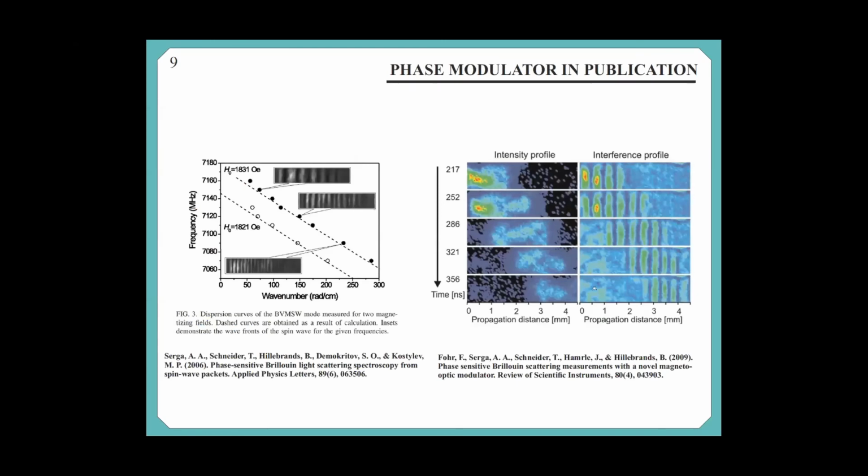The phase resolution of spin waves using the BLS method was shown in earlier works, and here we show how laser heating affects it.